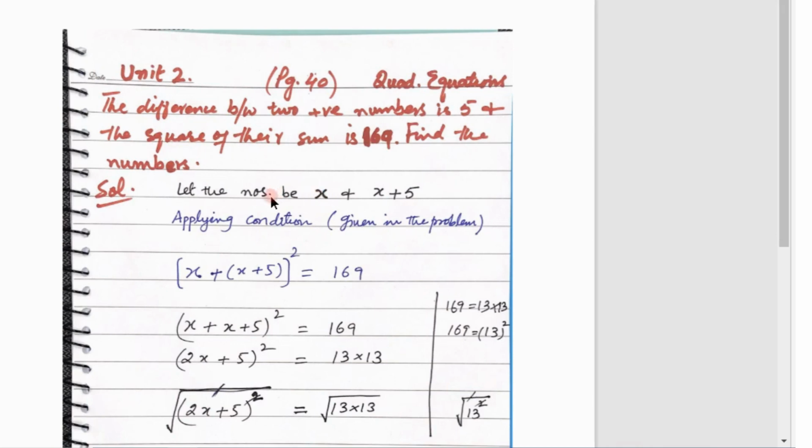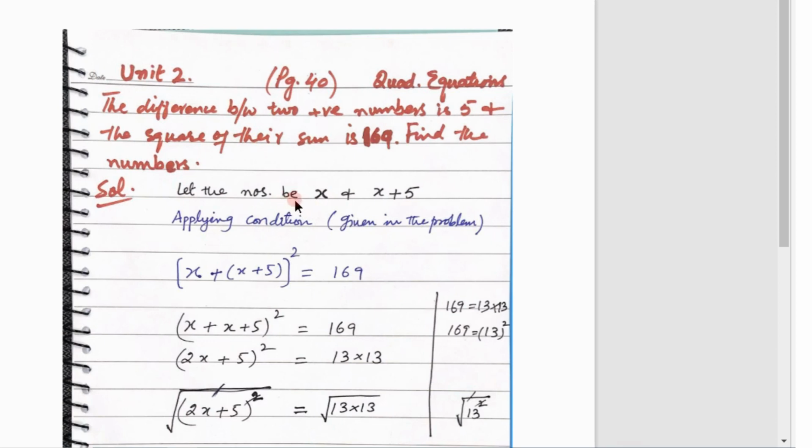Now, if you have this situation, find the numbers, the first line is giving you a statement. The first line is helping you in supposing the numbers. So you are supposed to find out two numbers. First number, let the first number be x.